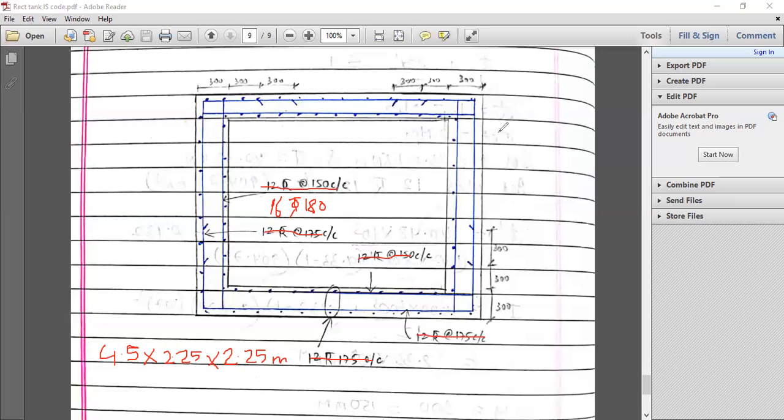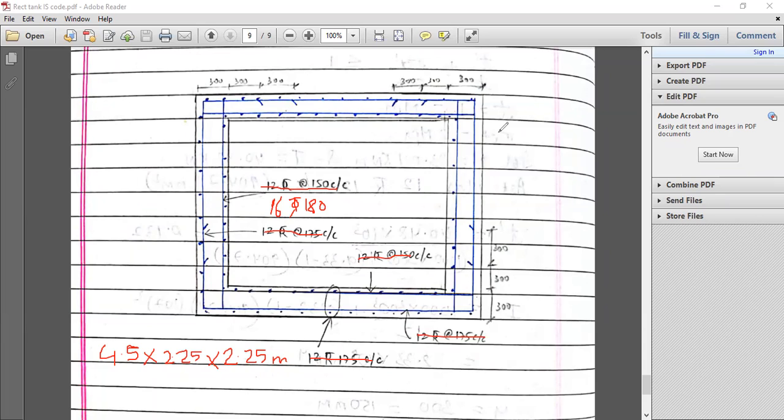So in this case, the long wall is 4.5 meter and the short wall is 2.25 and the height is 2.25. So when you calculate the bending moment in the short wall, B will become 2.25 and H will become 2.25.